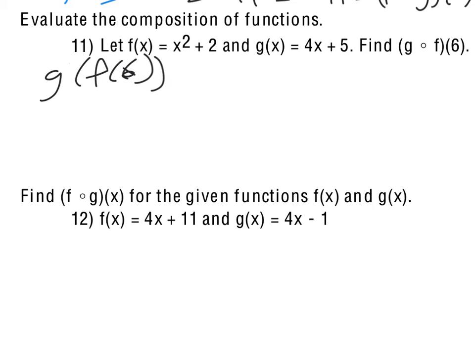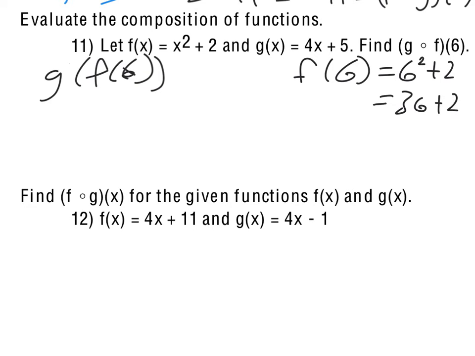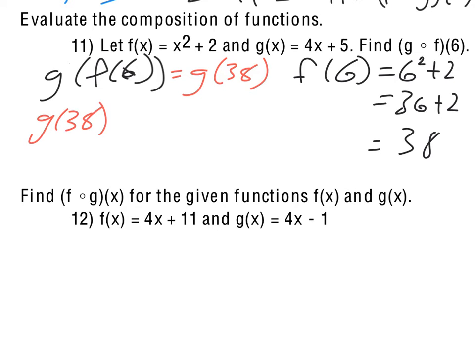Also, to find f of 6, I can replace the x in here with 6, so 6 squared plus 2, so 36 plus 2, so f of 6 is 38. Well, if f of 6 is 38, then this would be g of 38, and so to find g of 38, I just plug the 38 into function g.